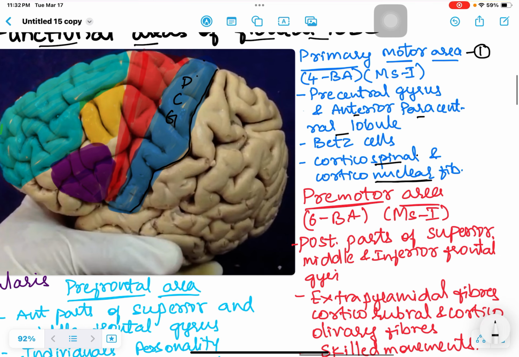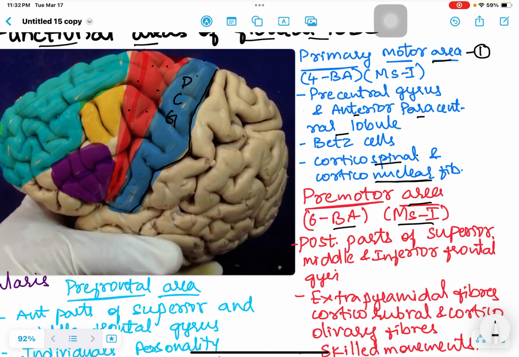In front of the primary motor area, you can see this premotor area. This is Brodmann's area 6, or somatomotor area 1, it is also included. Both are included in the somatomotor area 1.